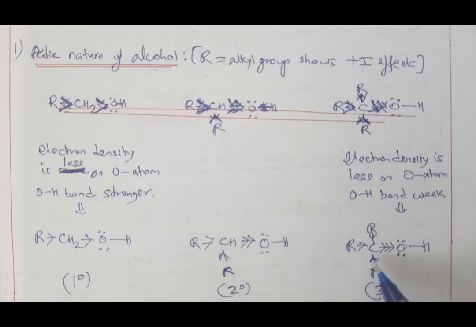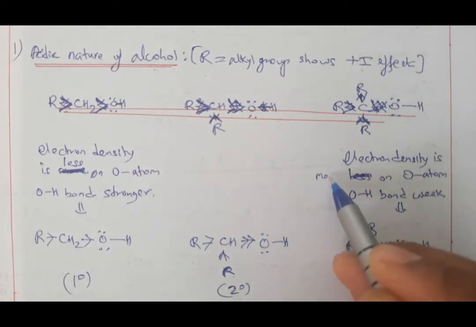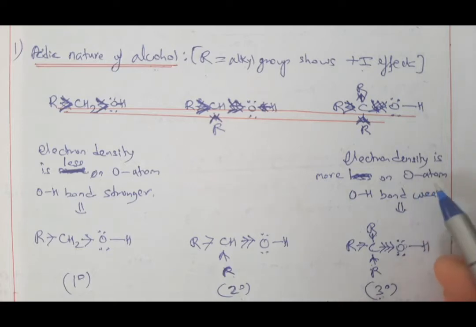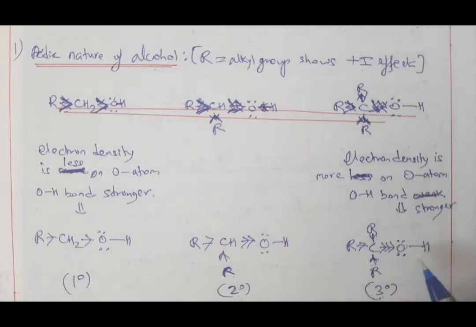Therefore, tertiary will be the weak acidic character because they don't dissociate easily to produce H plus ion. So electron density is not less, it should be more on oxygen atom, and OH bond becomes stronger. As a result, it will not dissociate to produce H plus ion. Therefore, tertiary alcohols are referred as weak acids. They show weak acidic character.